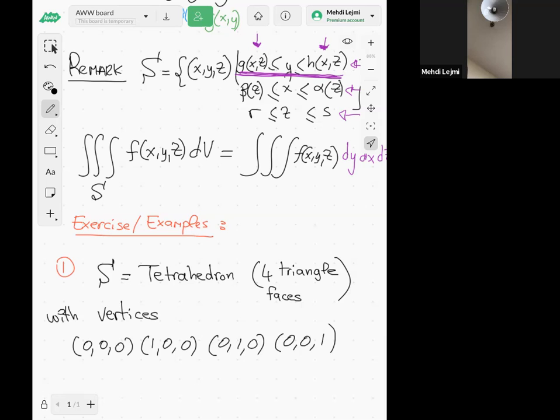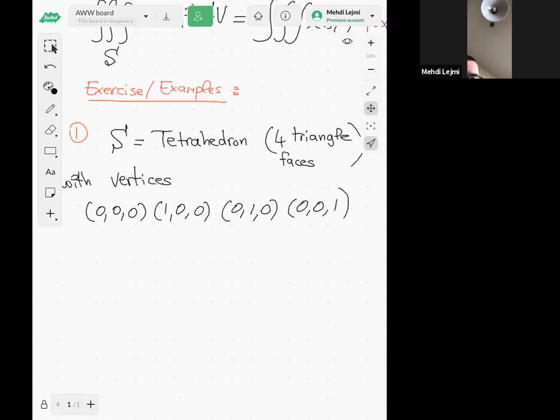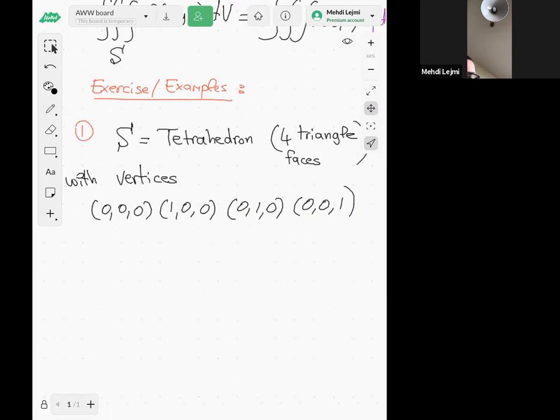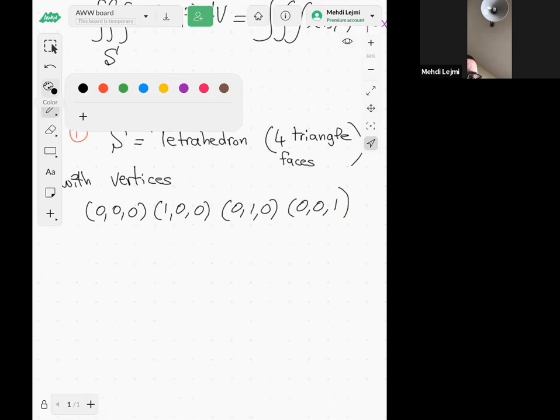All right, so let me just sketch this solid S. We can use GeoGebra for this, but probably I would do it later. So let me first sketch for you this tetrahedron.